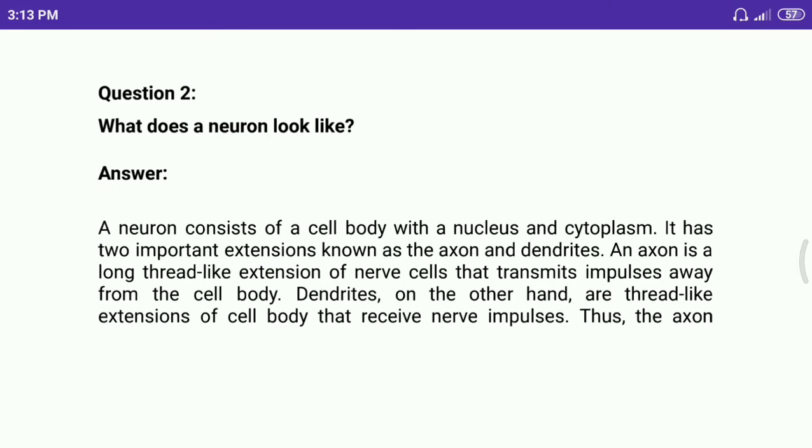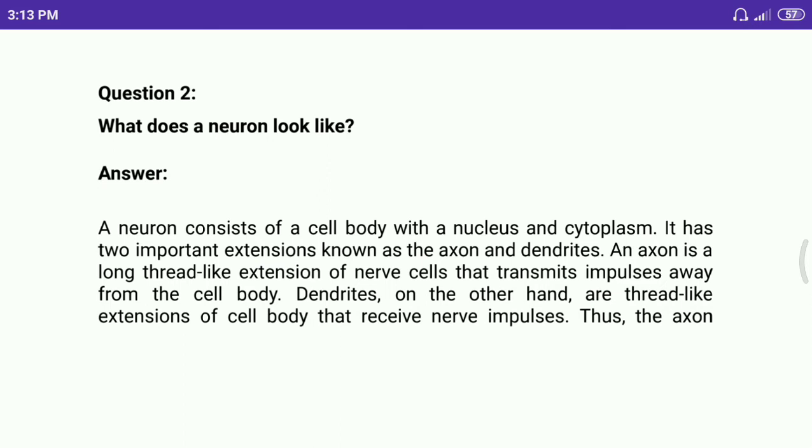It has two important extensions known as axon and dendrites. An axon is a long thread-like extension of nerve cells that transmits impulses away from the cell body.